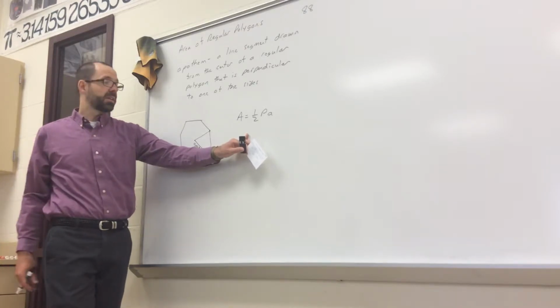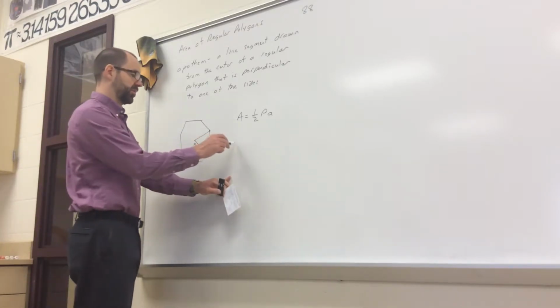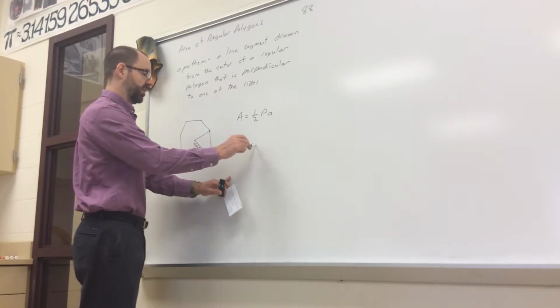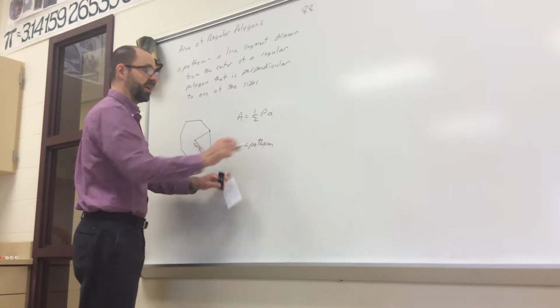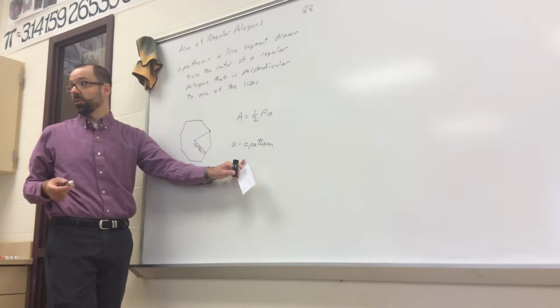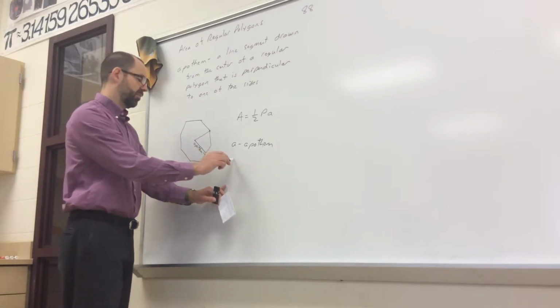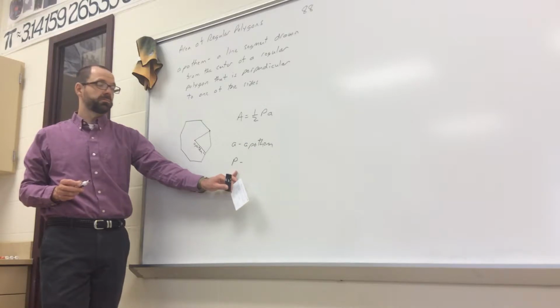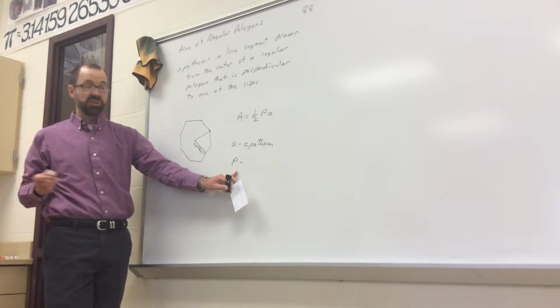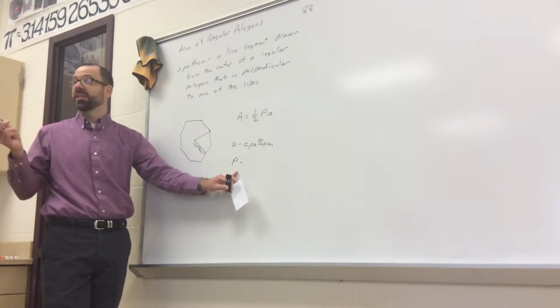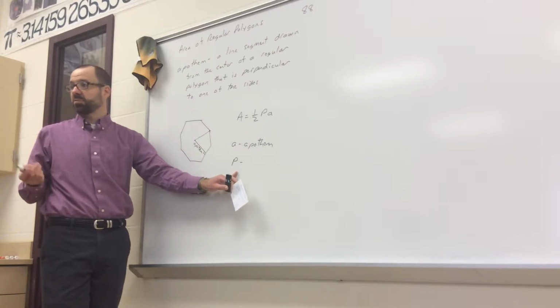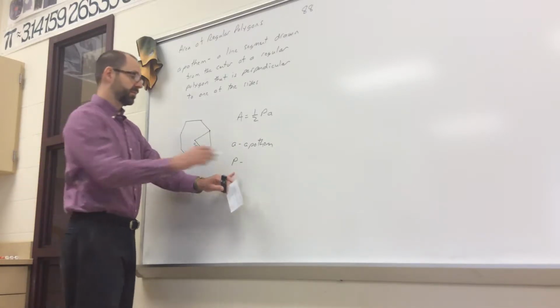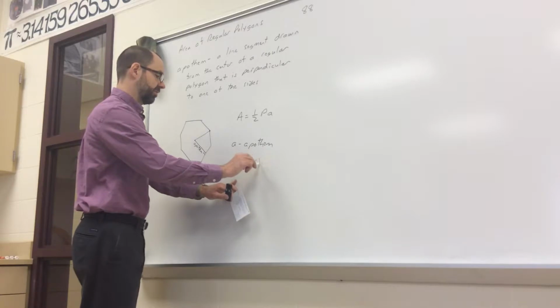Apothem, good. That's why I brought it up. And what do you think the P stands for? Polygon? Good guess, that's not it. It actually stands for the perimeter, the distance around the regular polygon.